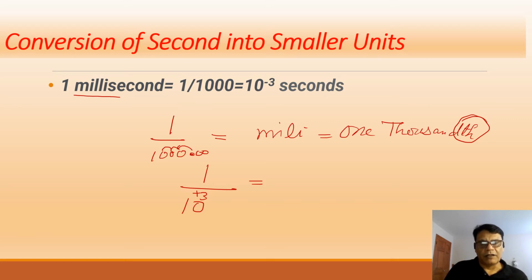And when you move the denominator above the line and make it a numerator, its exponent becomes negative. So 1 millisecond will be equal to 10 raised to power minus 3 seconds.